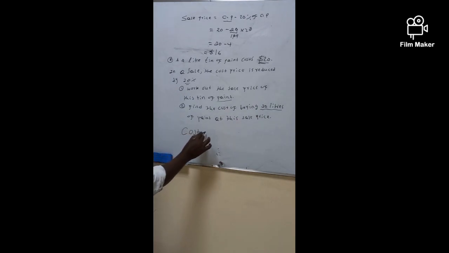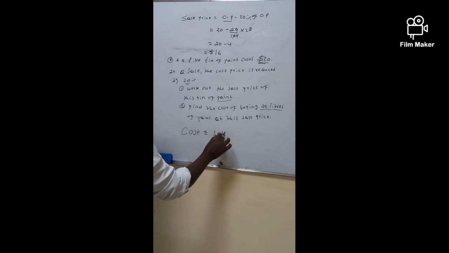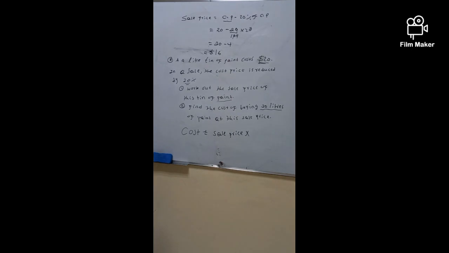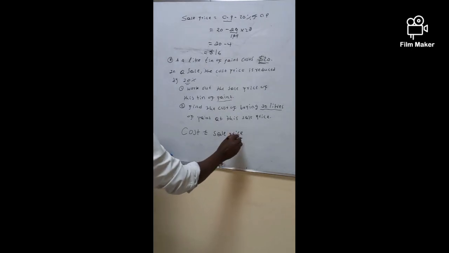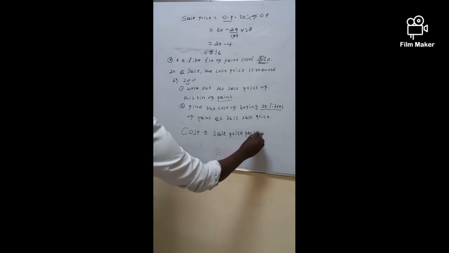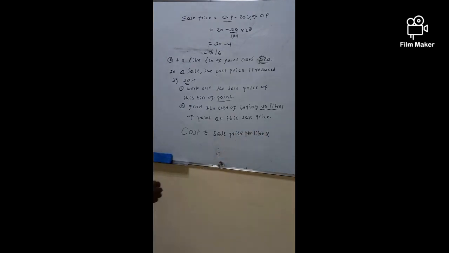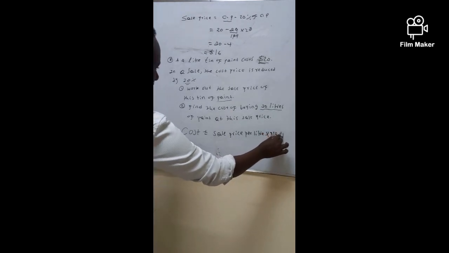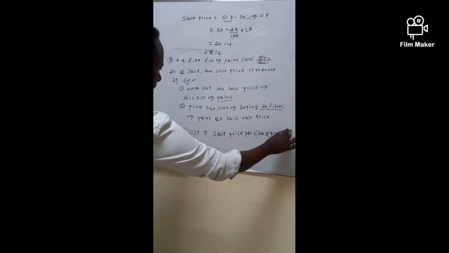The cost is given by the sale price per liter times the number of liters that you have been given.